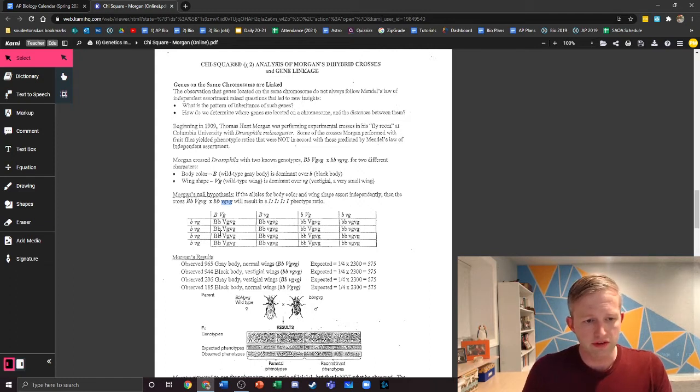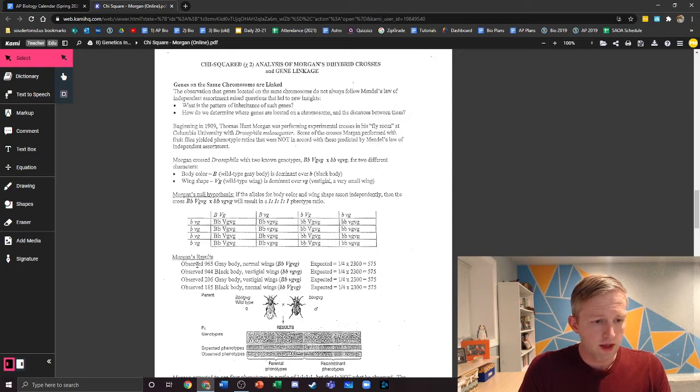So going into this experiment, there's an expectation that there'd be a 1/4, 1/4, 1/4, 1/4 ratio of the possible outcomes. Therefore, when they're looking at 2,300 flies, that's going to be 575 flies expected of each of the four different types.